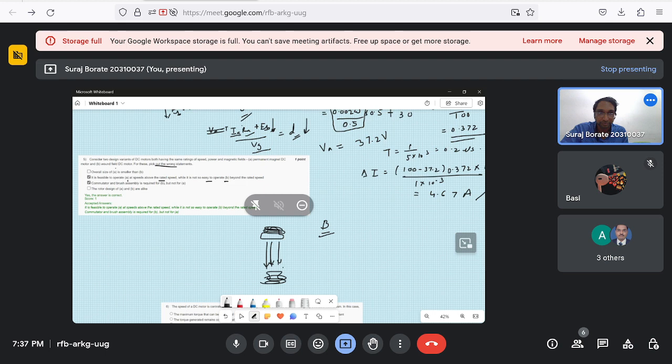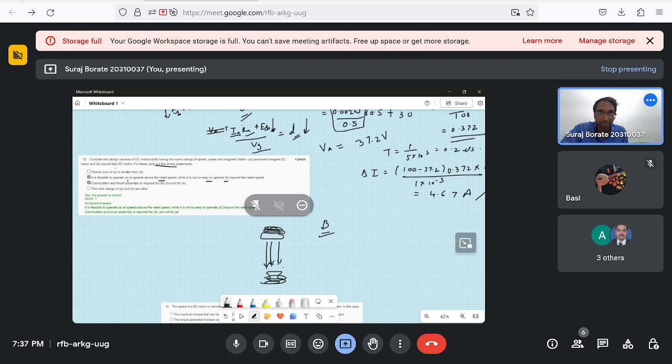This statement is also wrong, because it is not the maximum torque but the torque that can be generated at a given speed, so you can say tau omega is constant, not tau max into omega is constant. Force into velocity is power; similarly, torque into angular velocity is power. But here this is not tau max, this is just tau.